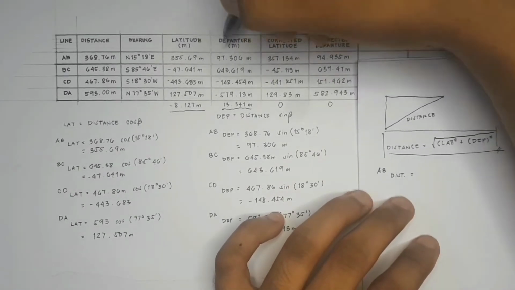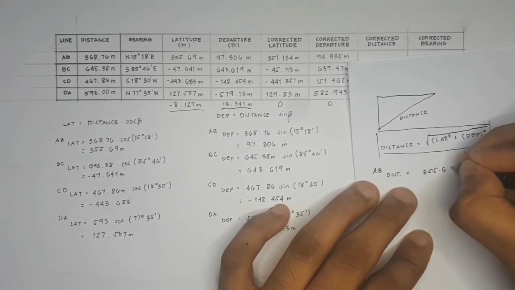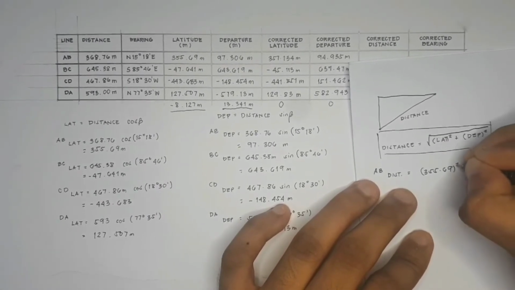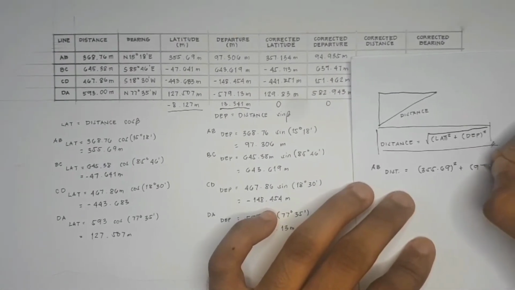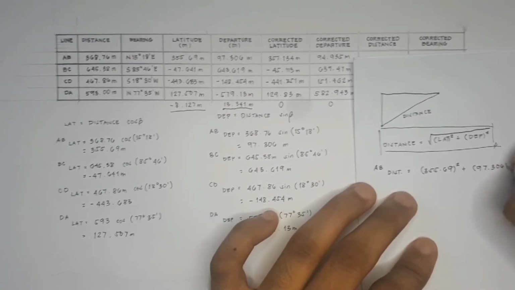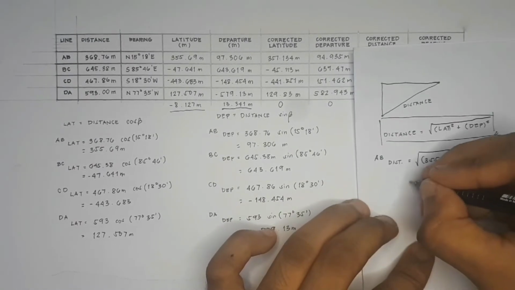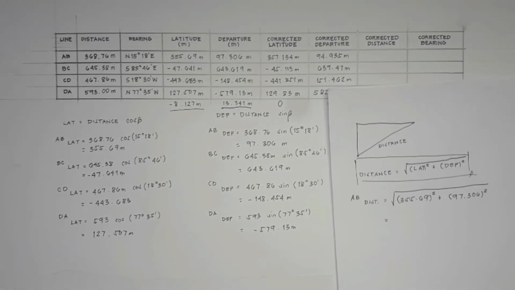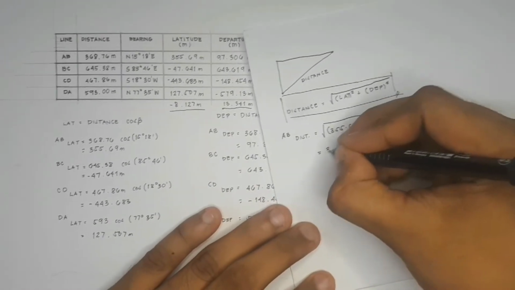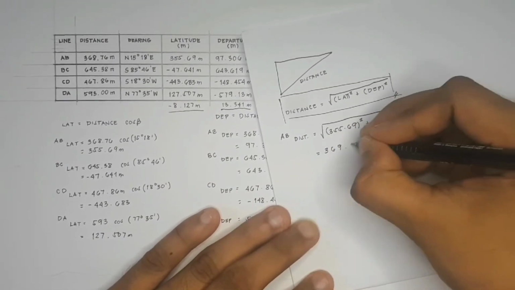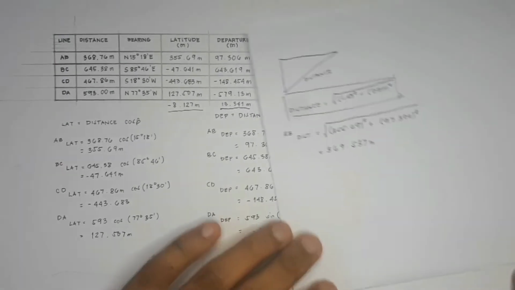So we have the latitude of AB, 359.69 squared, plus the departure of AB, which is 97.306 squared, and this will give us 369.537 meters.